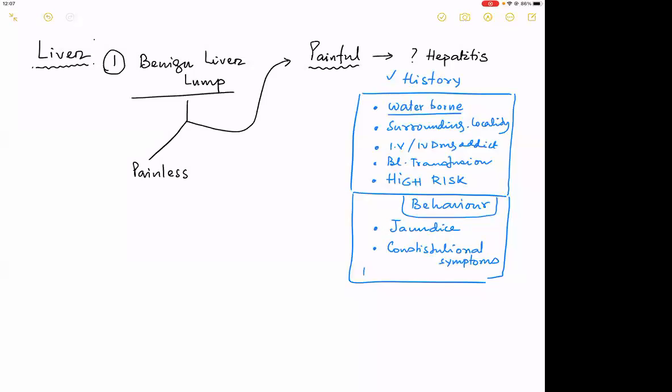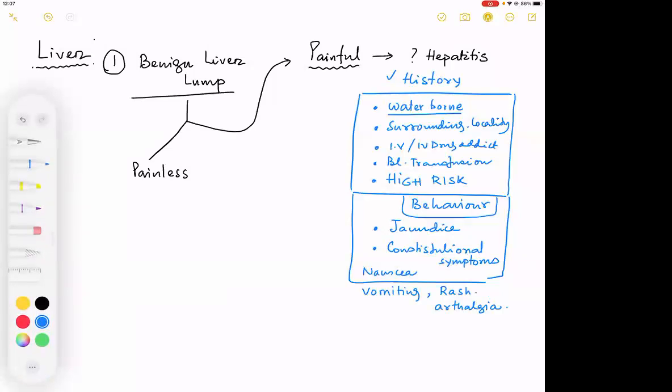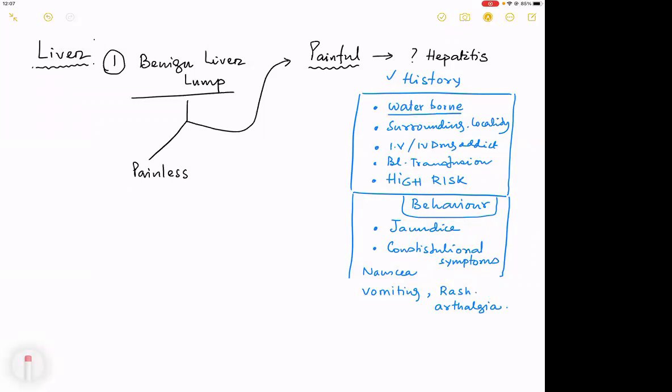They could be nausea, vomiting, rash, arthralgia, etc. Tell me when you have completed writing, please. I am not teaching you medicine. You guys know a hundred times more medicine than me. So all these things you can list in the history part.